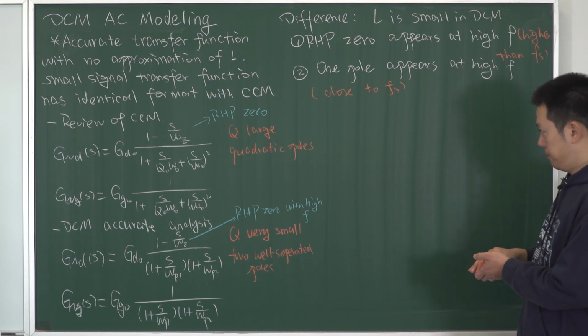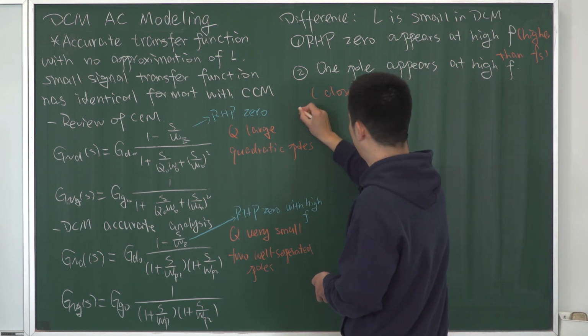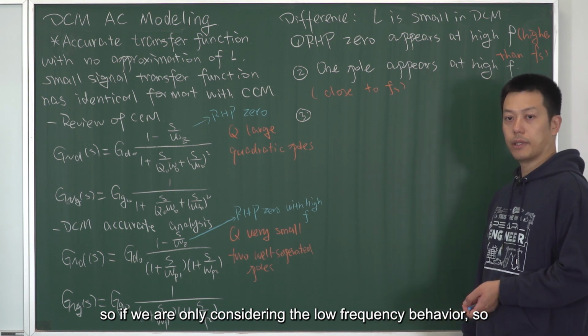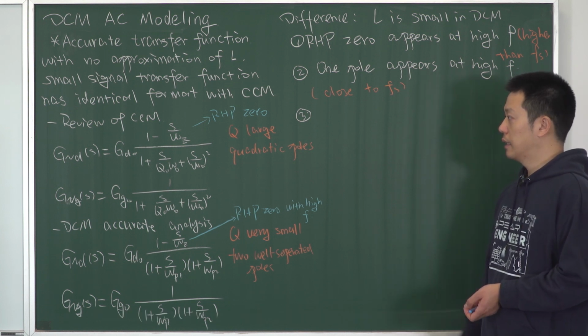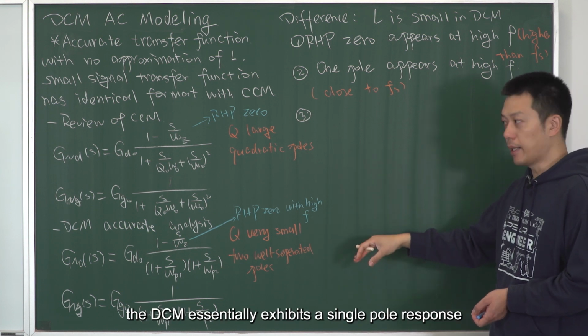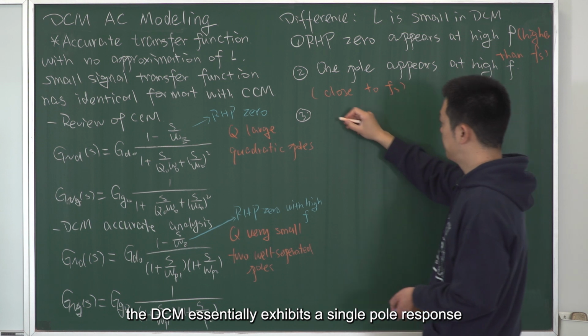So thirdly, if we are only considering the low frequency behavior, the DCM essentially exhibits a single pole response.